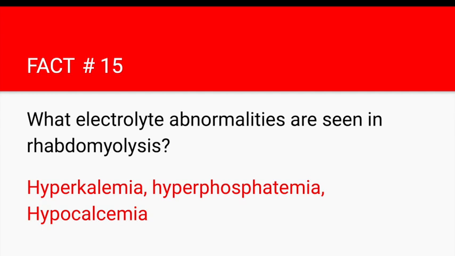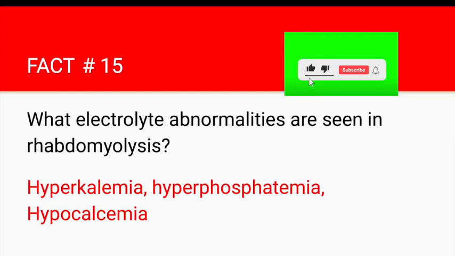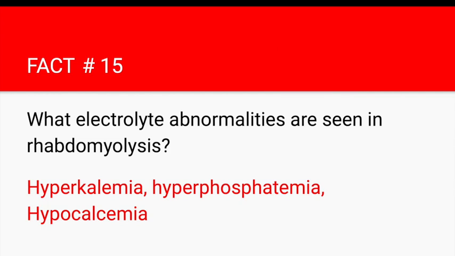These patients also experience acute tubular necrosis leading to acute kidney injury, and they also have a buildup of lactic acid, which can lead to metabolic acidosis. They have the classic triad of darkened urine, myalgia, and generalized weakness.